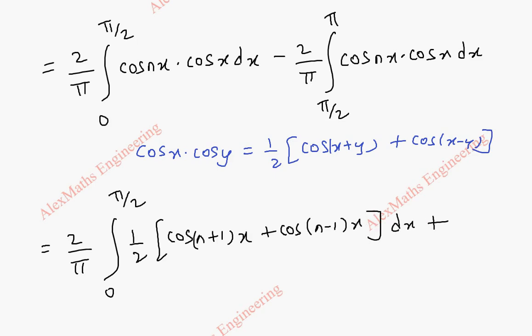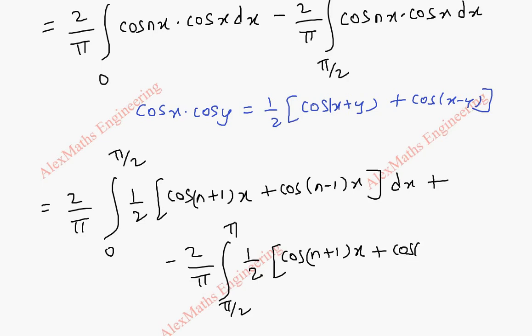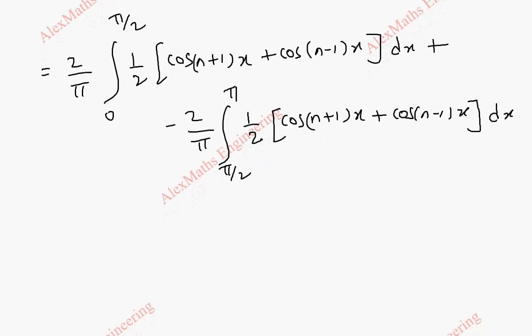In the same way, for the second term also, we have minus 2 by pi integral pi by 2 till pi half cos n plus 1 x plus cos n minus 1 x dx. We are going to integrate this.